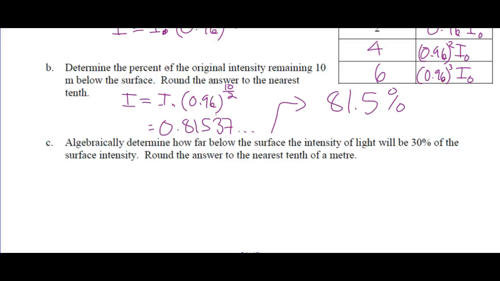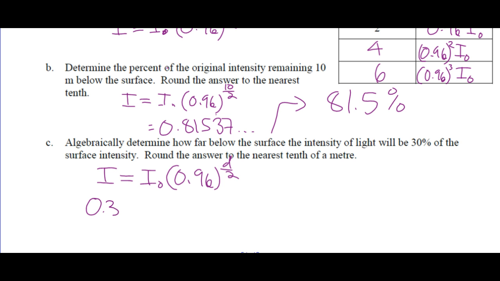Anyways, algebraically determine how far below the surface the intensity would be 30% of the surface intensity. So we need 30% of I naught. Our formula is I is equal to I naught times 0.96 to the D over 2.